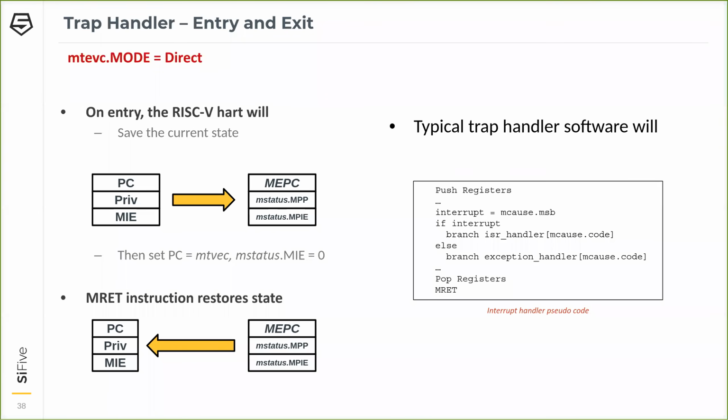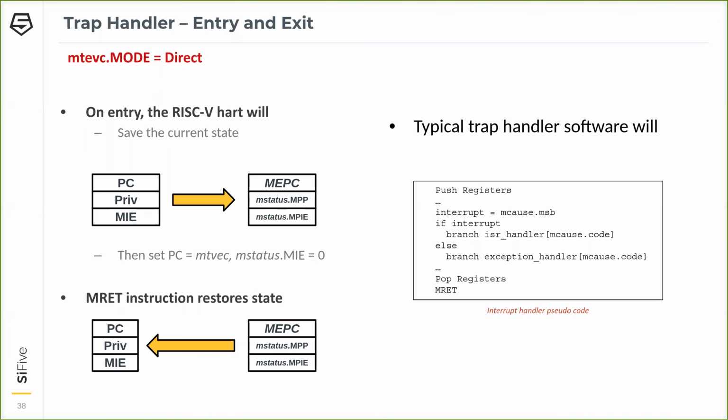So it copies MEPC into the program counter. It sets MStatus MPP into the privilege mode, and then it copies the machine previous interrupt enable into the MIE register. As you can see, this is also because all of these registers are writable: MEPC, MPP, and MPIE.